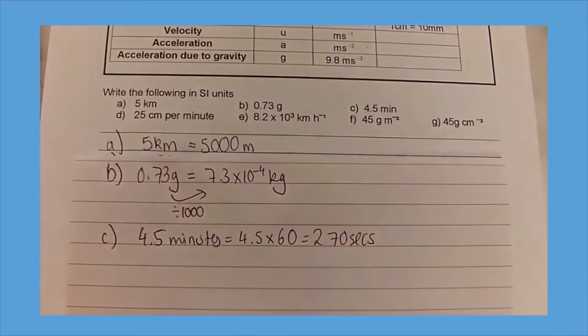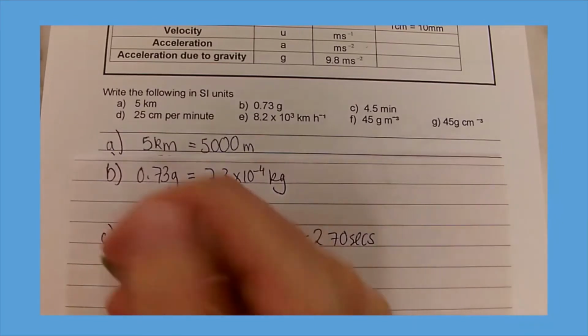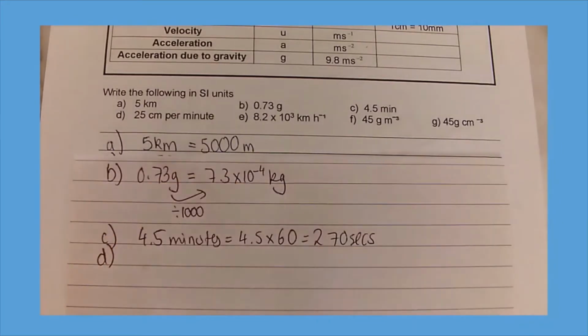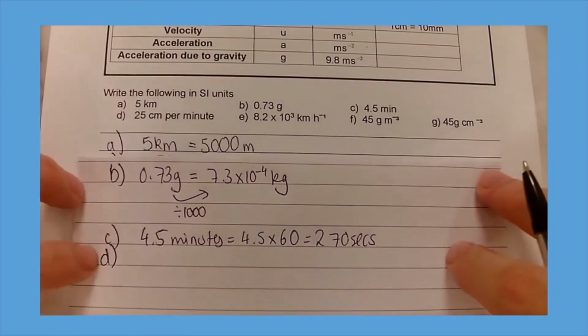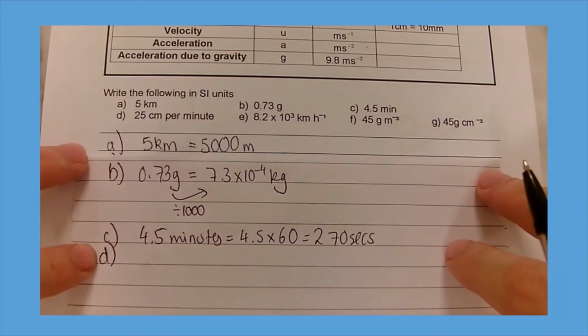So be aware, if you have any mechanics questions that deal with minutes, you've got to convert them into seconds. Now from D to G things are going to get a bit tricky because in A to C we had just one unit that we had to convert to SI. Here we're going to have 2.